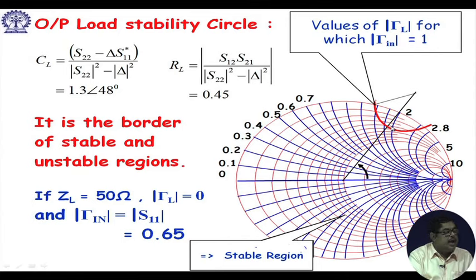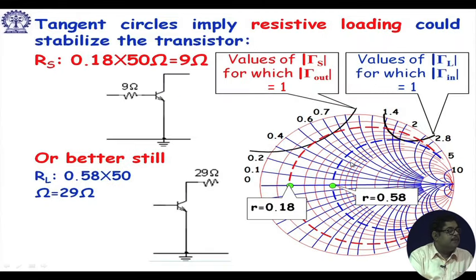Again here we can check that when we simply match the load side, gamma in becomes S11 magnitude, which in this case is 0.65. So, we can again say that this input side is a stable one. From this stable region we will have to choose our gamma L.